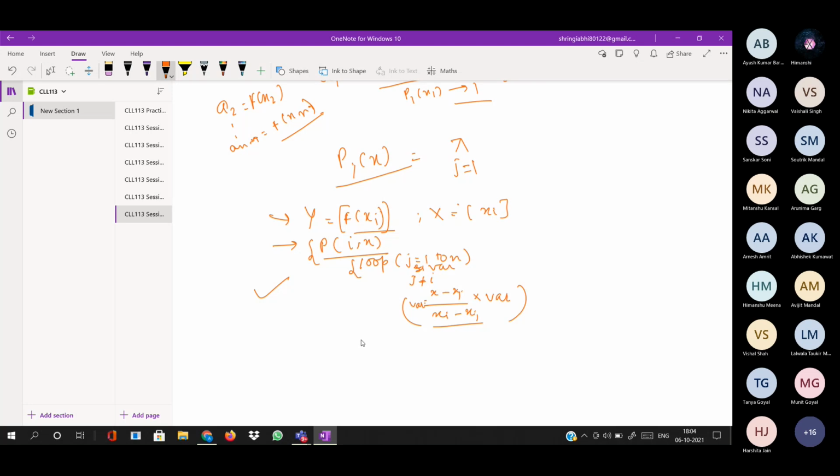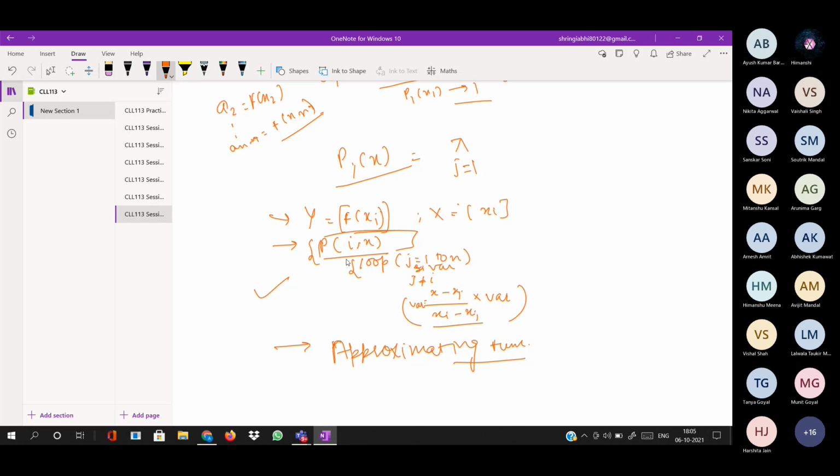Is it fine? So once you find the P_i(x), you have to make a big function, like the actual polynomial function, the approximating function. You have to write this. You have to complete this approximating function.